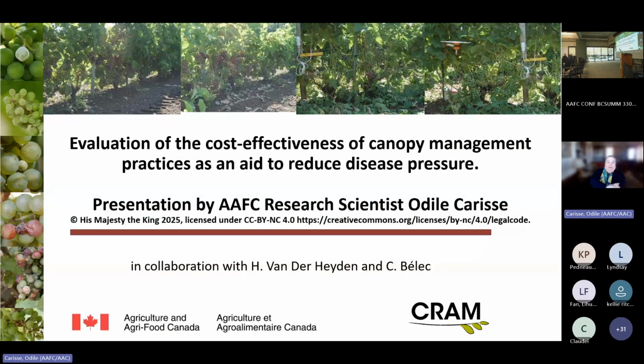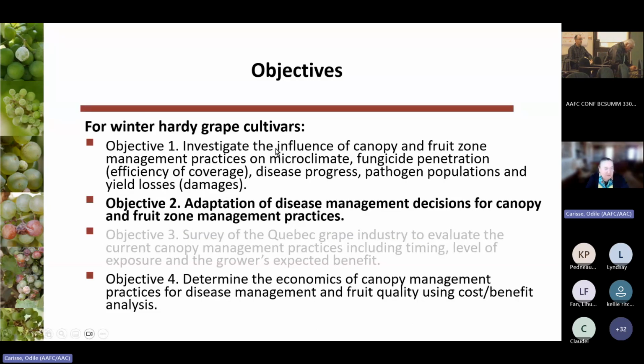So I'll be talking about activity 8, which was about the evaluation of cost effectiveness of canopy management practices as an aid to reduce disease pressure. I can hear you saying, we're thinking that this is well known. Well, yes and no. It hasn't been very much studied for winter hardy grape cultivars, so that was one of the focuses.